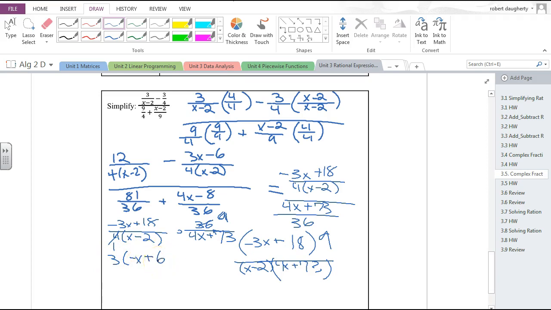Yep. So you're factoring a 3 out of this term, not this one. So that's still a 9.